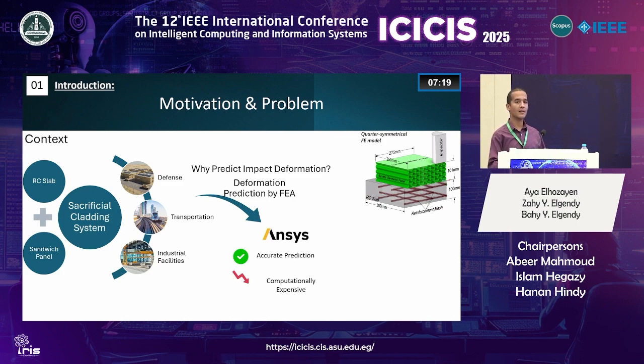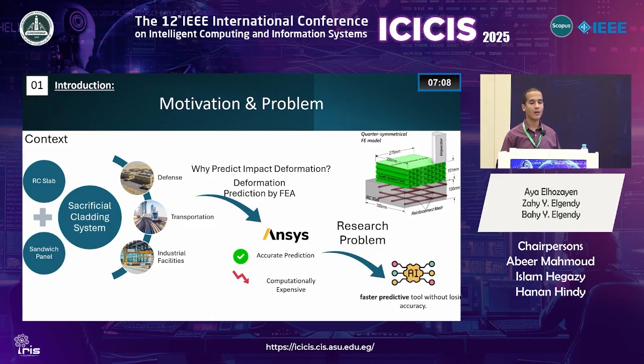The problem is that such software is computationally expensive and resource intensive. And therefore, here comes our research problem. What we have done is implement AI and machine learning models in order to predict such deformation without losing accuracy and in a fast manner.